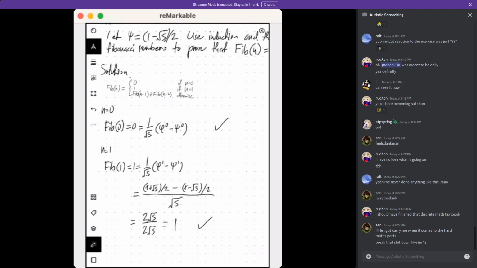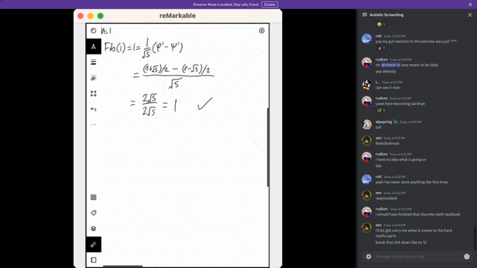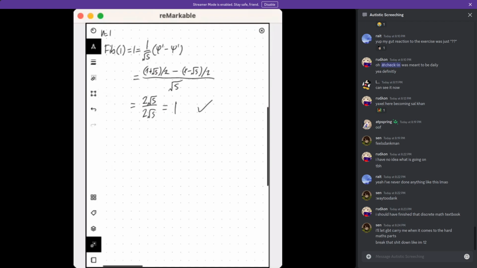Okay, so now we have to consider the inductive case and prove that this holds for the case where, you know, n, it'll make sense as I write it out. Sorry, here. So let's try the n plus 1th case, right?